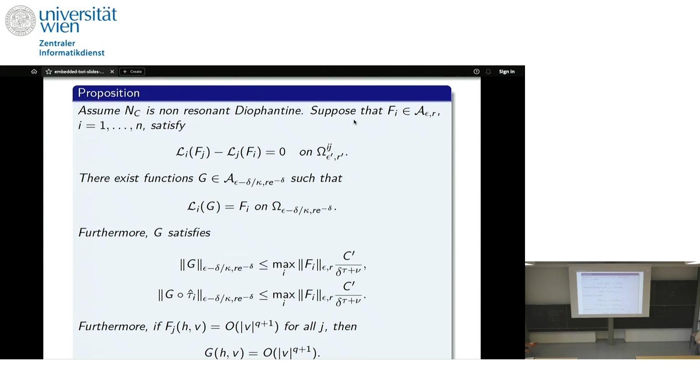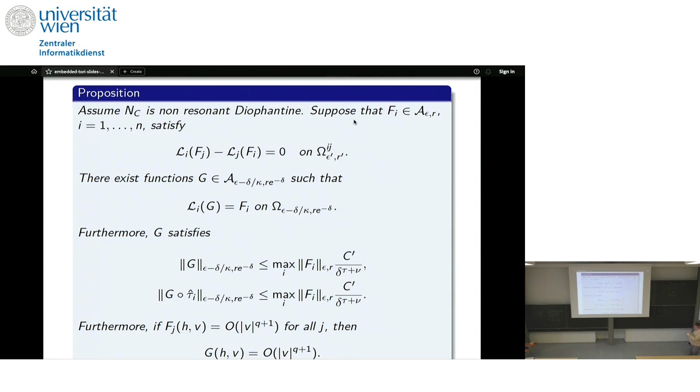And so one of the key propositions is this: it's a kind of cocycle condition, let's say a compatibility condition, if you wish.